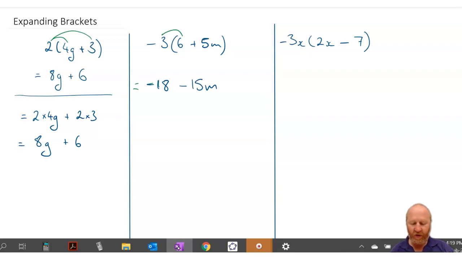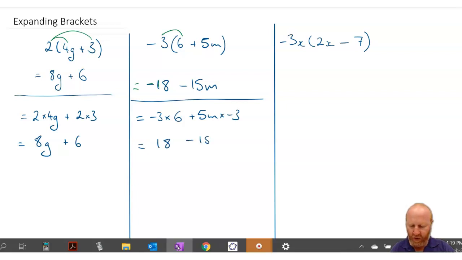And that's where that one finishes. Once again, you could have done it piece by piece and gone negative 3 multiplied by 6, positive 5m multiplied by negative 3, and taken those pieces individually, like so.